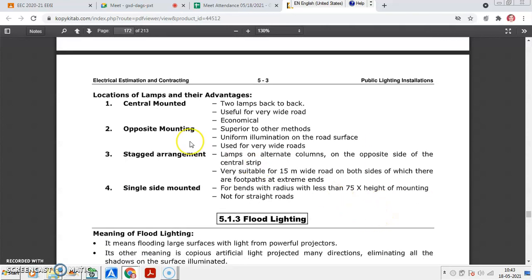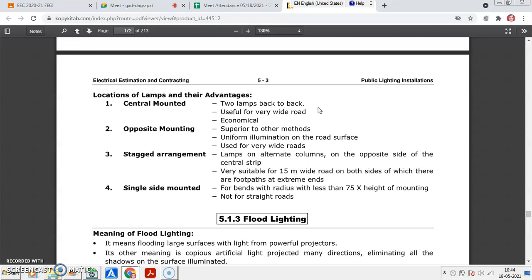Okay. Then the location of the lamp and their advantages. First, central mounted. You may have the central mounting system on the road, particularly the poles. With two lamps back to back, you can have the position. They are especially used for wide roads where the roads are provided with a divider, and this is economical.